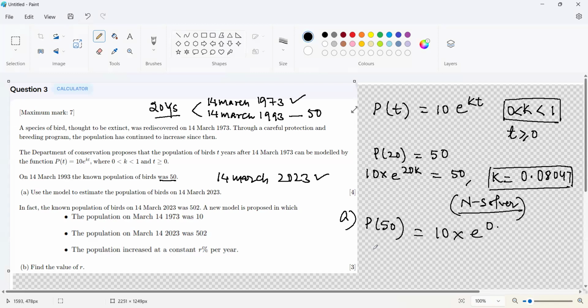What is the k value? 0.08047 multiplied with 50.